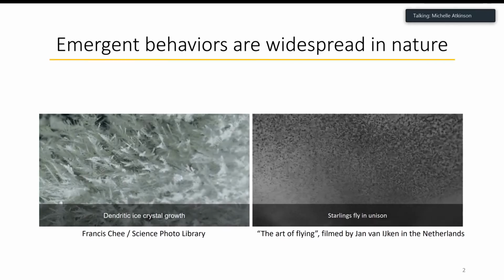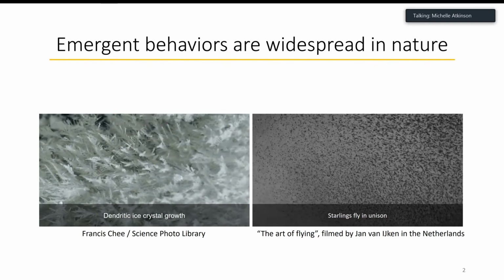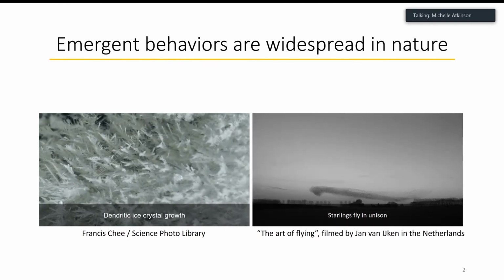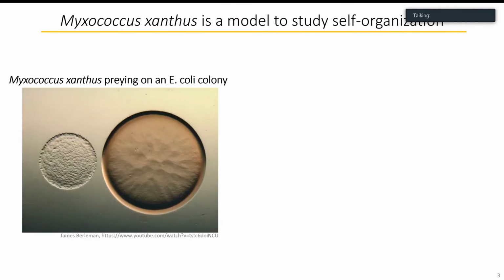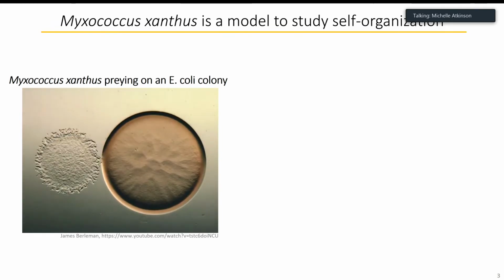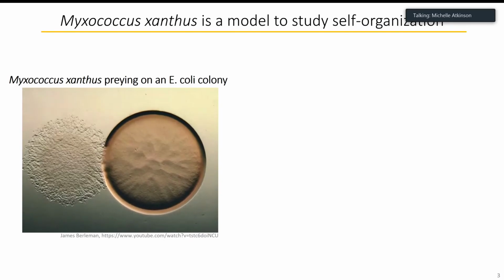They are also widespread at the cellular level. So here, as biologists, we pick Myxococcus xanthus as the model system to study self-organization. It is a unicellular organism, but it can self-organize into complex structures.